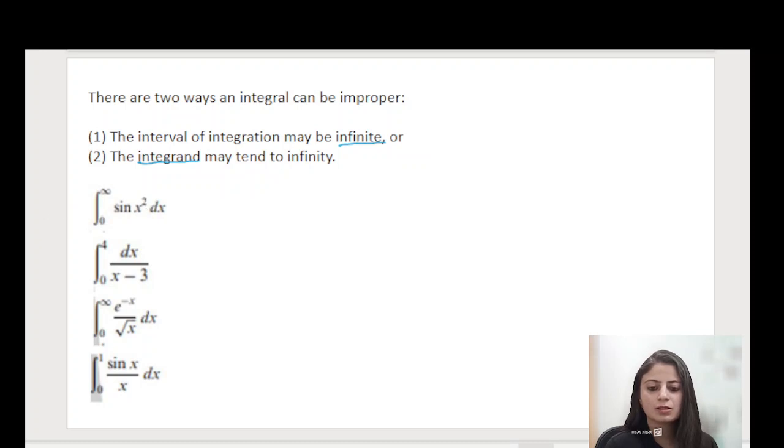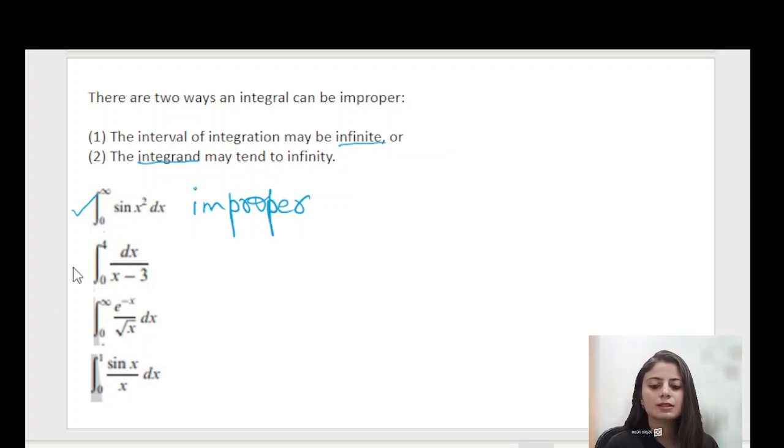Now consider this first integral. The interval of integration is 0 to infinity, which is infinite. Therefore, this is improper integral using this first condition.